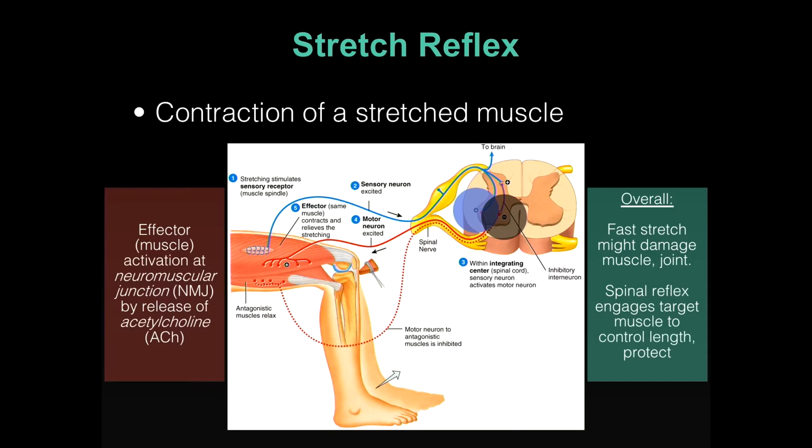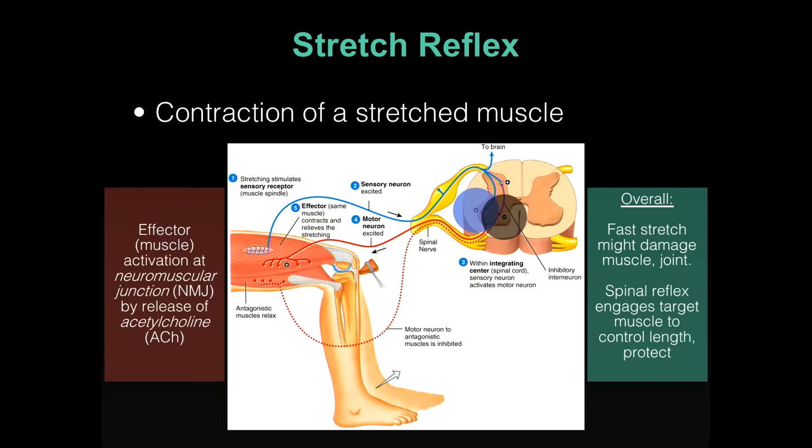And so we need to inactivate or inhibit the antagonist muscles, in this case the knee flexors. And so we see that under the gray or black circle. The sensory neuron activates what's called an inhibitory interneuron. This will be the subject of extensive discussion in the next series of slides, so not to worry if you don't get it now.